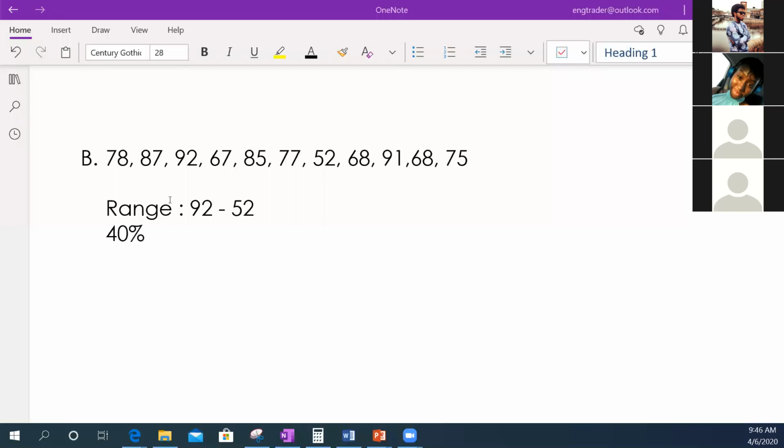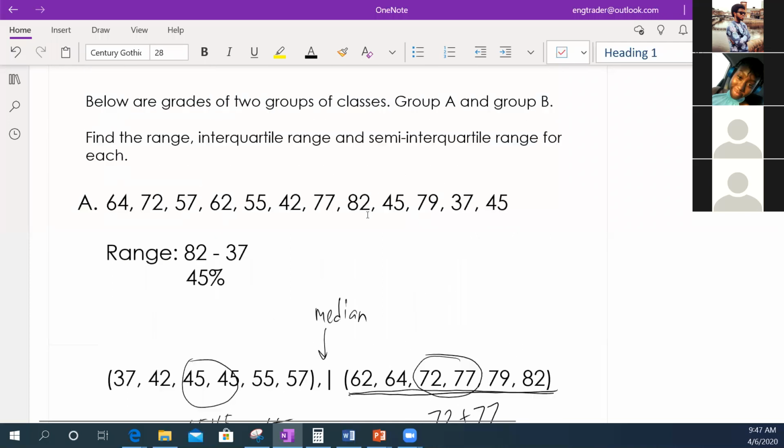Before we go on to the interquartile range, I want you guys to notice something here. The range for class B or group B was 40%. When you look at the range for the other class, it was 45%.